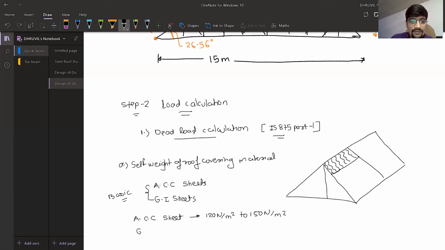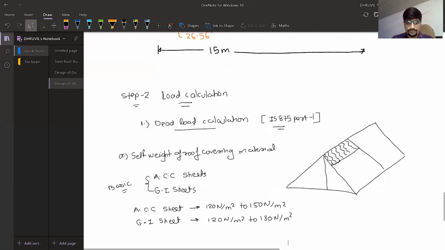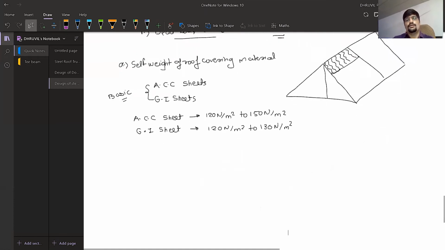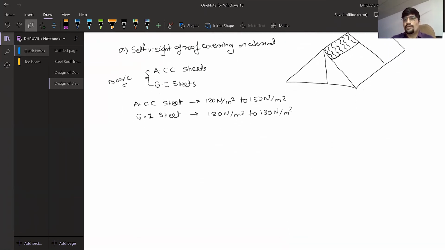If we are using galvanized iron sheet, then we can assume 120 Newton per meter square to 130 Newton per meter square. So the load is given per meter square.